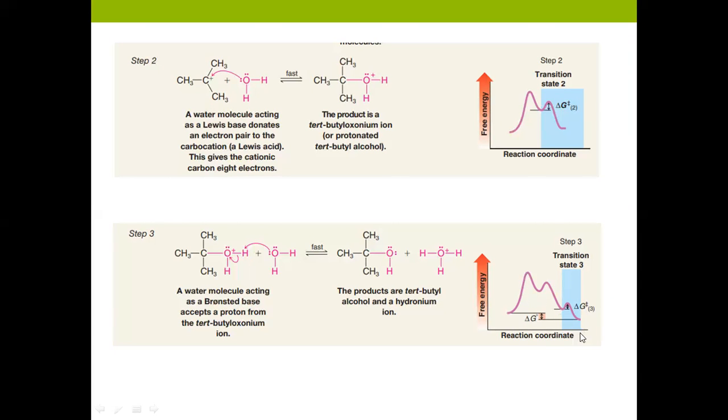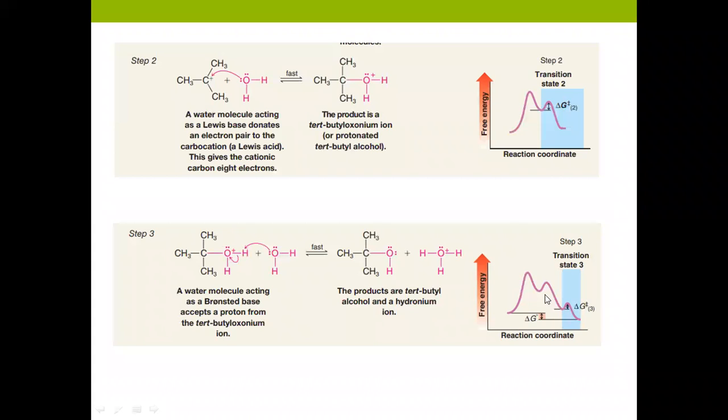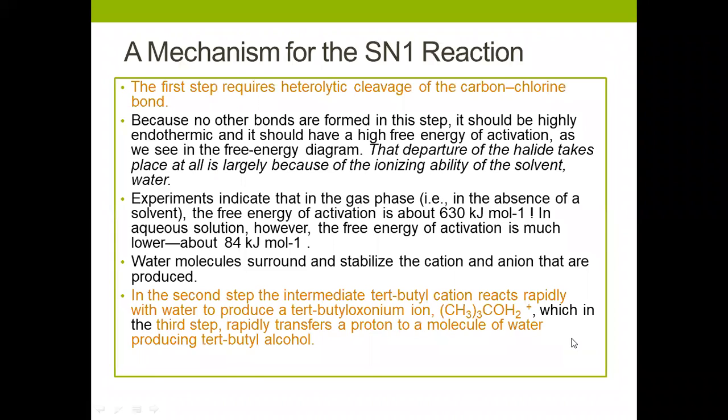You have a lot of peaks that you will see, because you will produce different intermediate products and different transition states. So in this case, you have three transition states, and then the final product. So product 1, product 2, and then the final product here. Transition state 1, transition state 2, and transition state 3. I hope you can see my cursor.